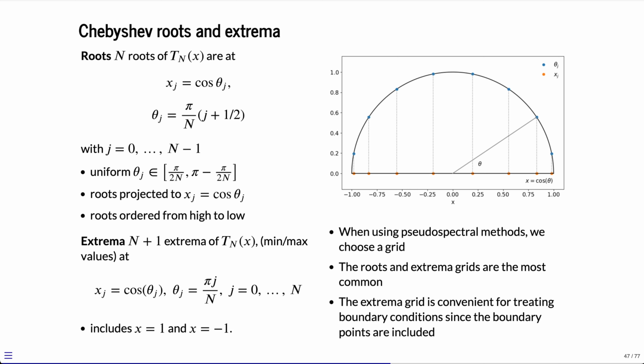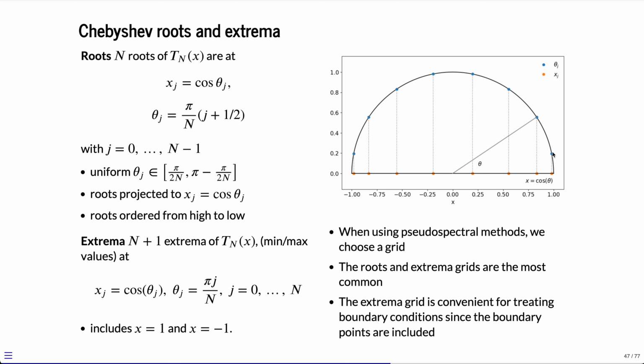Okay, finally, let's just look at the roots and the extrema. Given big N, say N is 6 or whatever, Tn would have N roots for this polynomial. So if we go from n is 0 to n minus 1, then Tn minus 1 will have n minus 1 roots. And those roots are located at theta_j equals pi over n times j plus a half.